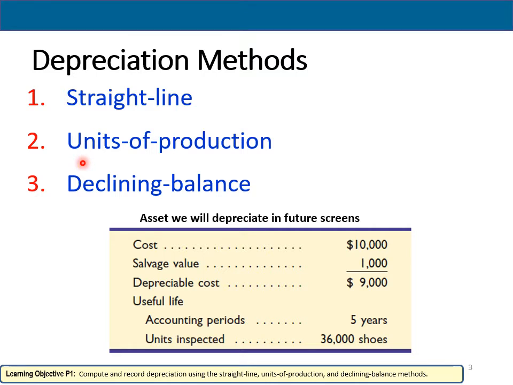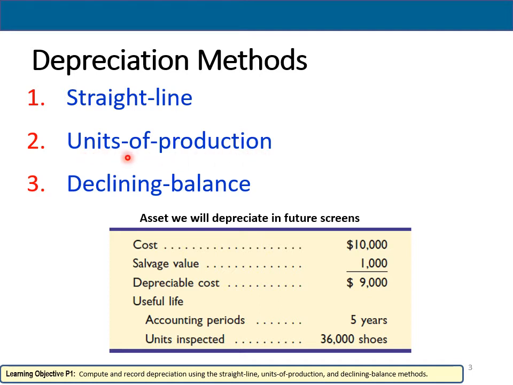The next is units of production, which is an activity-based depreciation method. So, for instance, if it's a machine, then our depreciation expense would be driven by the units produced on that machine.